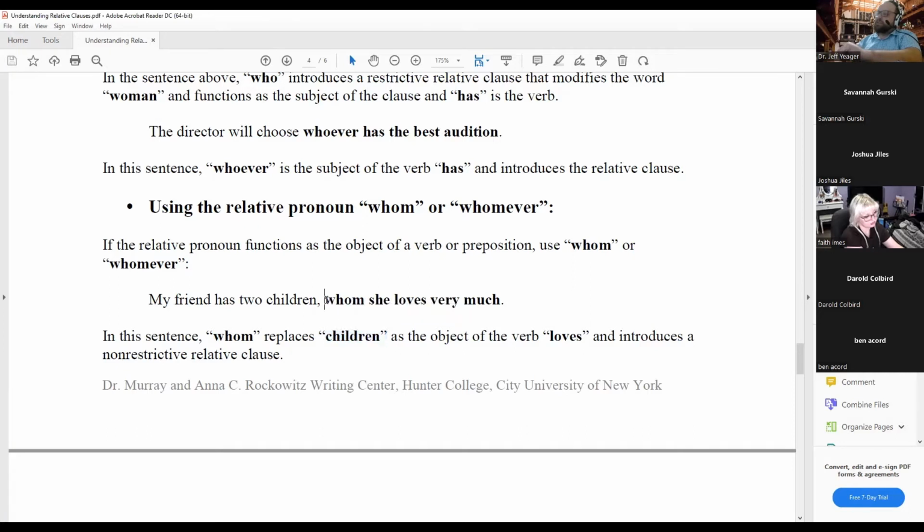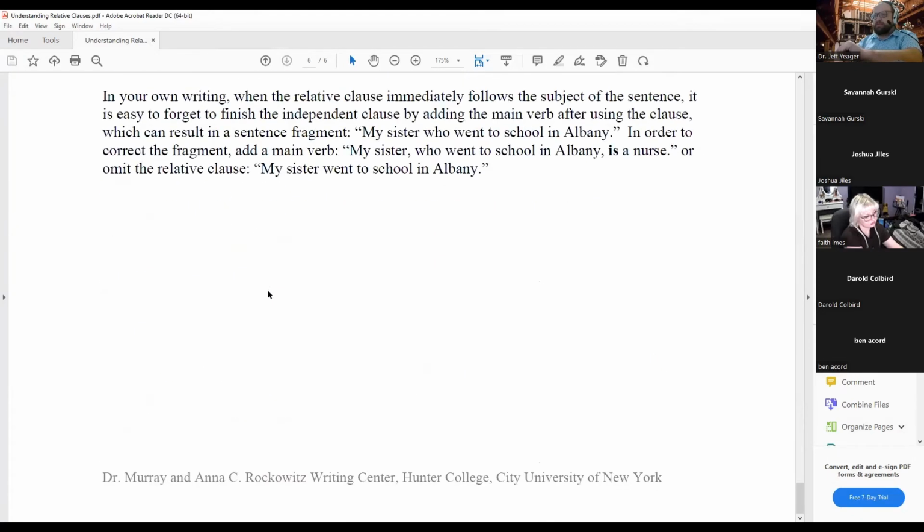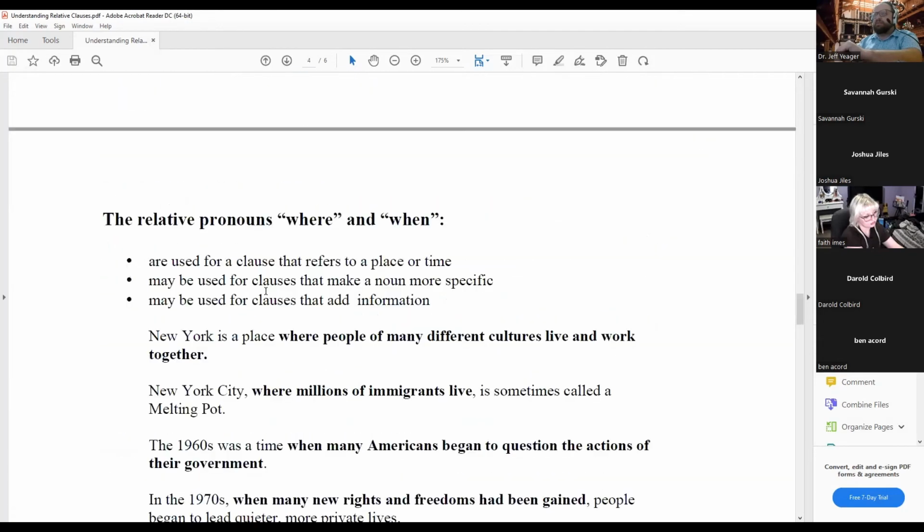And anytime you use whom, you have both a subject and a verb that follows it. Okay, whom she loves. So I thought there were some examples on this. Maybe I'm wrong.